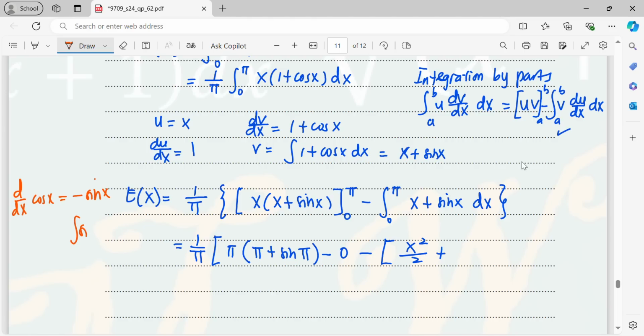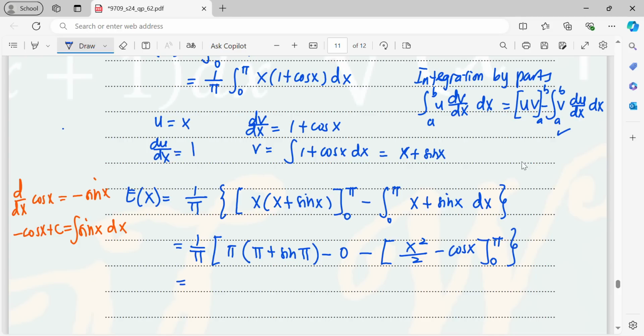So if I integrate sine x with respect to x, I get negative cos x plus c. So that means now here I should get minus, because when you integrate sine, that is minus cos, with limits from 0 to pi.